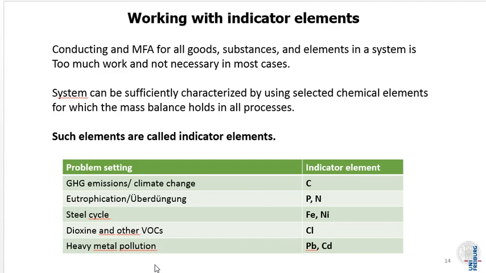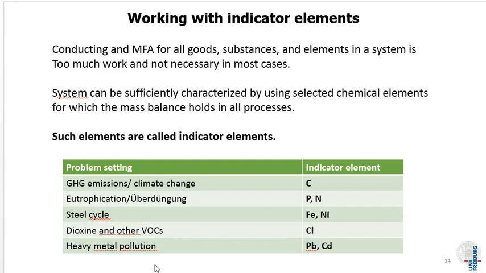You can imagine, for example, you're making an MFA for food, then you also have to quantify the water content of the food to get the balance right. This is maybe not necessary to get your message across, so what you could do if you choose to make a material flow analysis for food is to only quantify the system for nutrients like phosphorus and nitrogen.